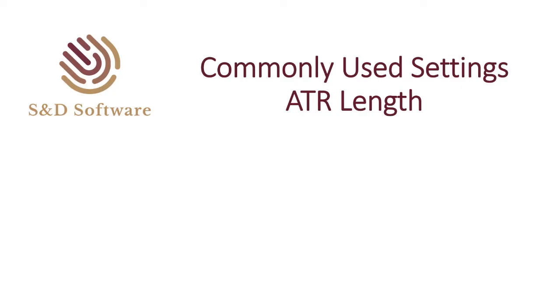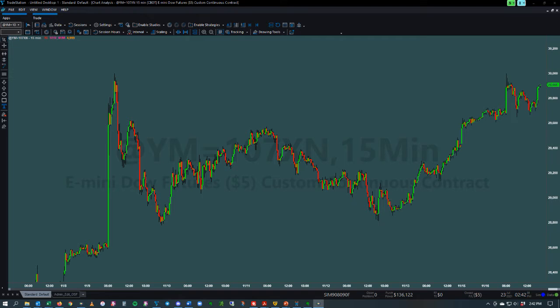The next setting we're going to review is the commonly used setting ATR Length. ATR length is important for helping us identify areas of supply and demand. ATR stands for average true range, and it is looking at each candle and the range of that candle and calculating an average.